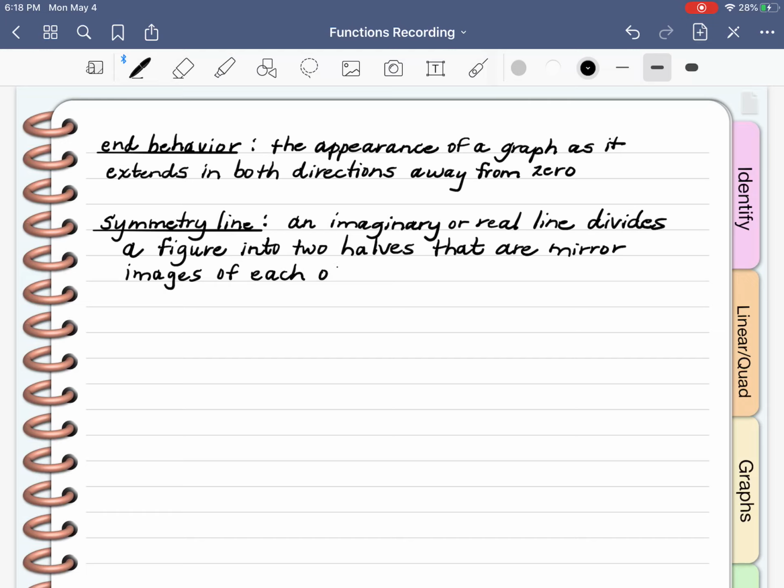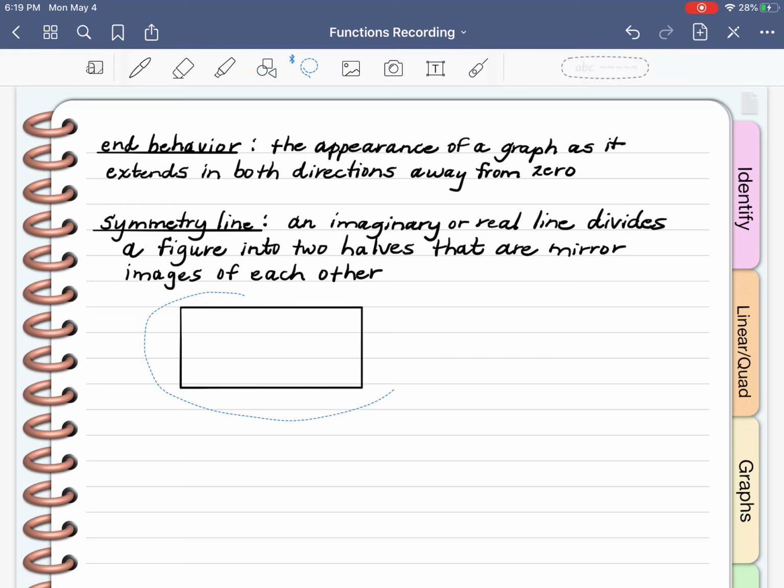Okay. And to illustrate this one, rather than using a graph, a parabola, or a linear equation, let's take a look just at a regular shape. I like a rectangle because I can get this to work several ways. So let's take a rectangle, something like that, and I'm going to copy it so I can have an exact duplicate.